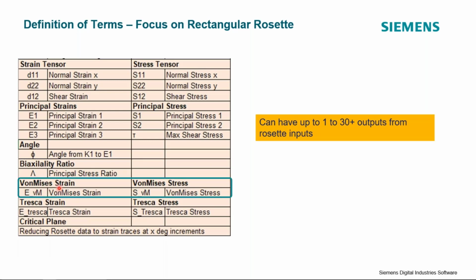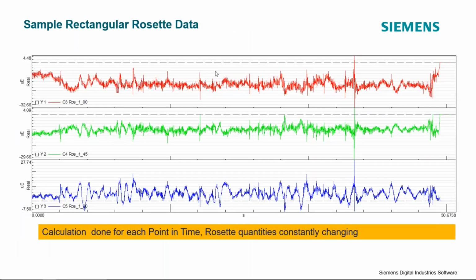And then things like the von Mises stresses and strains, the Tresca stresses and strains, and some critical plane math. So we can have many outputs from a strain gauge rosette. They really give us a ton of useful information about what is happening to our test object at the gauge location. So just a quick illustration of what rosette data might look like.